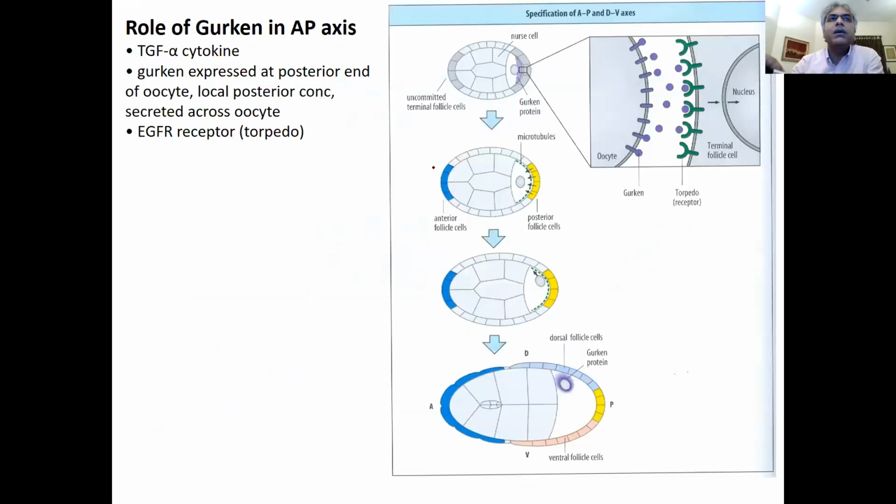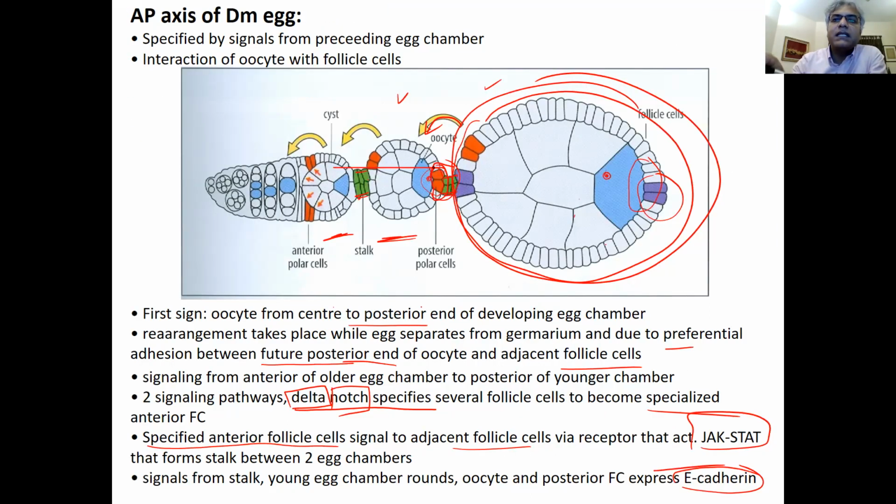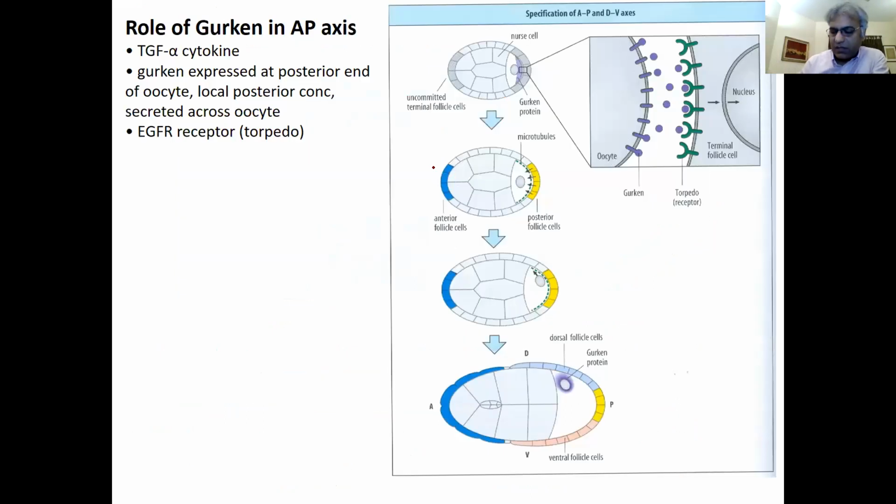And eventually what we see in the older egg chamber is movement of the oocyte nucleus from posterior to anterior. You can see this is shown here, how it is taking place. There is a protein called Gurken, which is responsible for this movement of the nucleus from posterior to anterior.